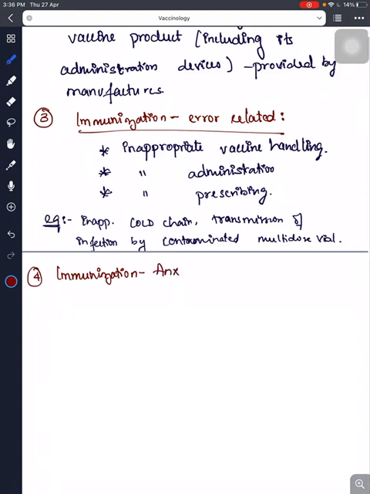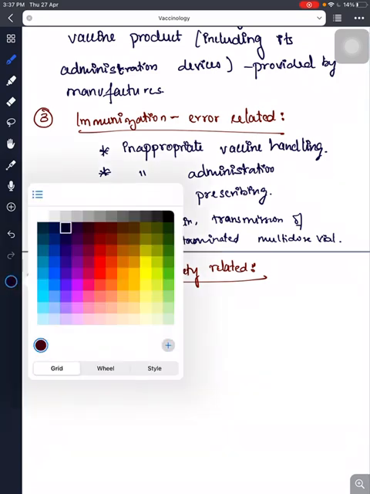The fourth one is immunization anxiety related. It is not because of the immunization, it is anxiety about the immunization.